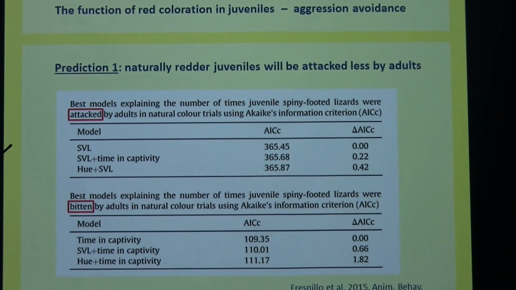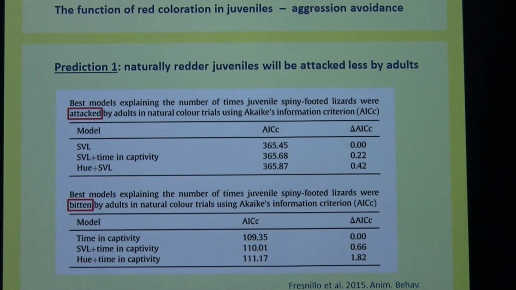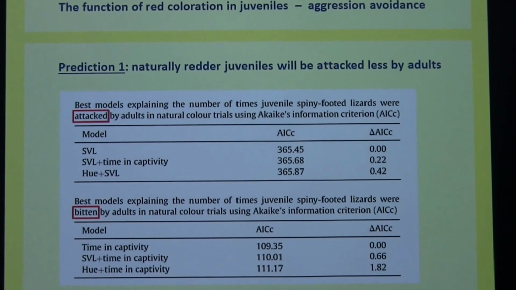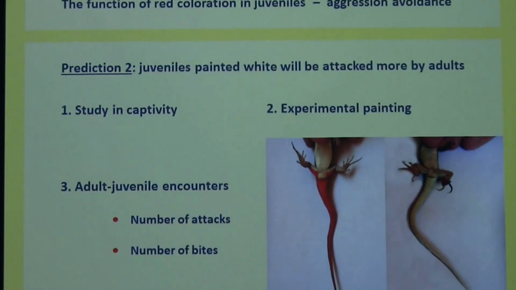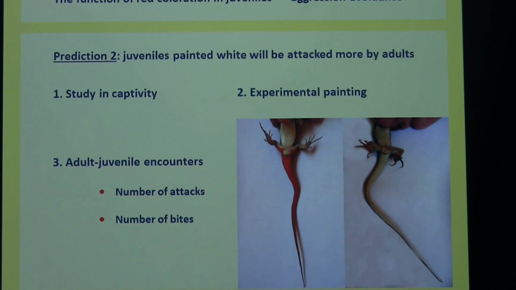We found that juvenile coloration was not significantly related to the number of times that juveniles were attacked or beaten by adults. So these results are not consistent with the aggression avoidance hypothesis. A second prediction of the hypothesis is that juveniles experimentally painted white will be attacked or beaten more by adults than juveniles painted red.